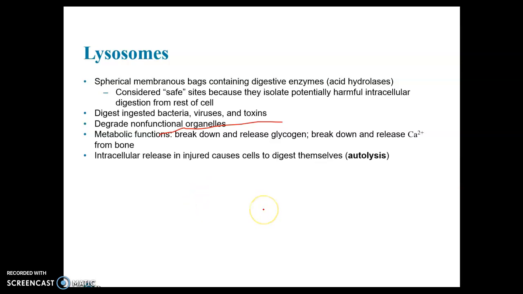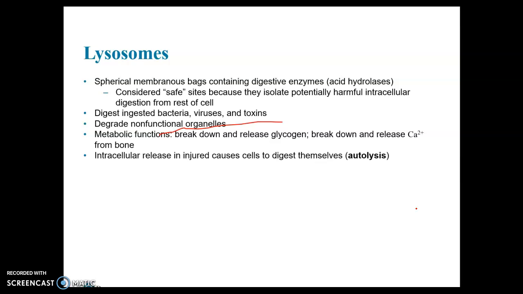And it says intracellular release in injured cells causes cells to digest themselves. So, okay, sometimes they actually cause autolysis, or the breakdown of the cell that they're inside of.